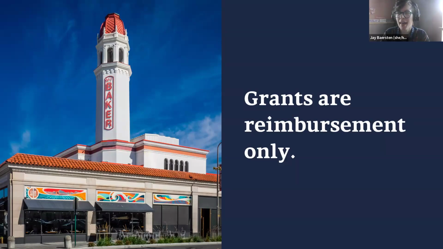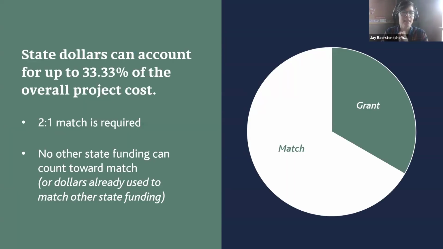Okay, let's talk about match. So in the RCW, it specifies that Heritage Capital project dollars can fund up to 33.33% of an overall project. So that means that this program has a 2-to-1 match.